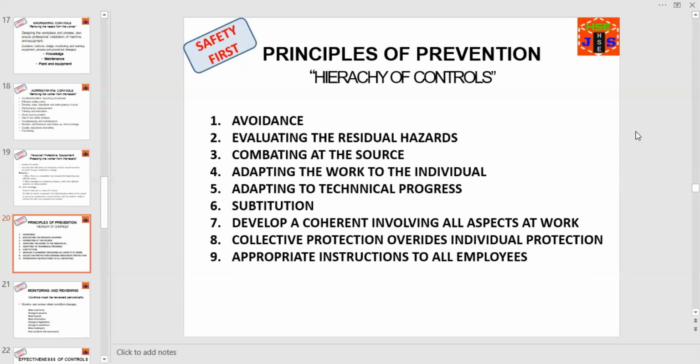Number six, substitution. Number seven, develop a coherent approach involving all aspects at work. Number eight, collective protection overrides individual protection. And lastly, number nine, appropriate instructions to all the employees. These are the principles of prevention.